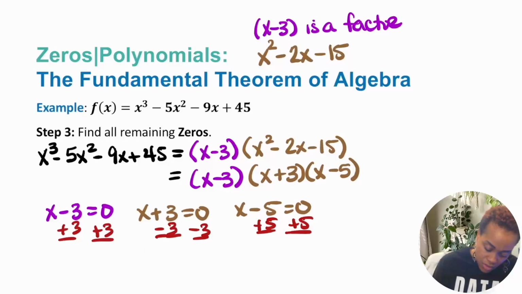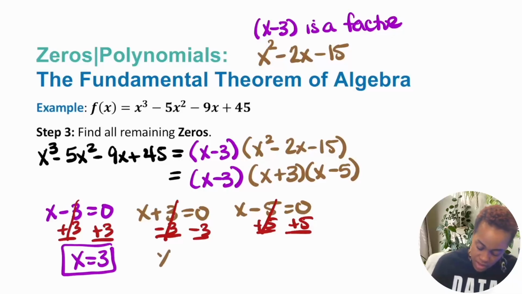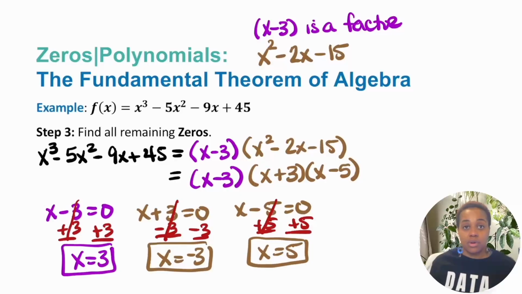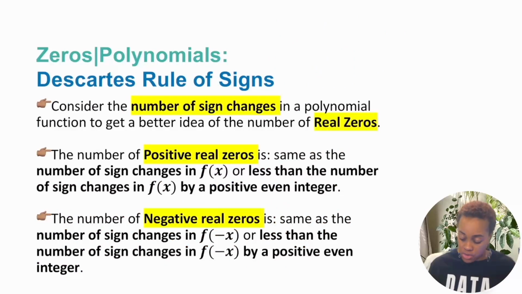Okay, so I'm doing all of them at the same time. So we have x equals 3 is a 0. We have x equals -3. And we have x equals 5. Cool beans? Okay, cool beans. So we found the 3 zeros.